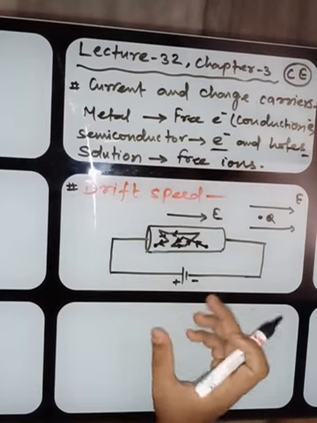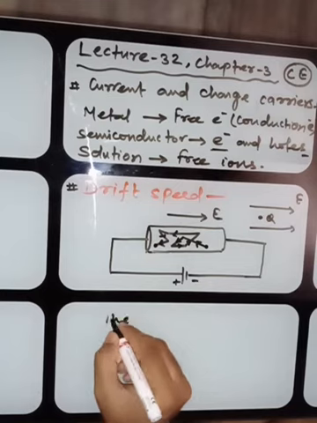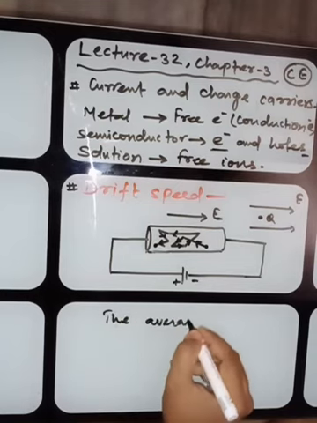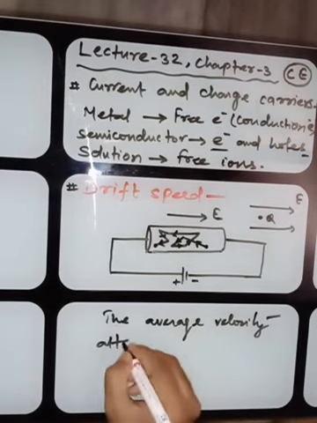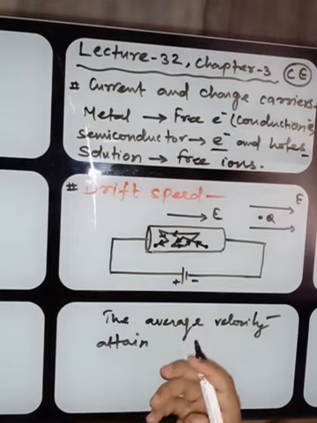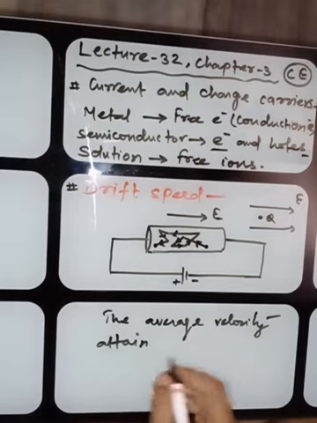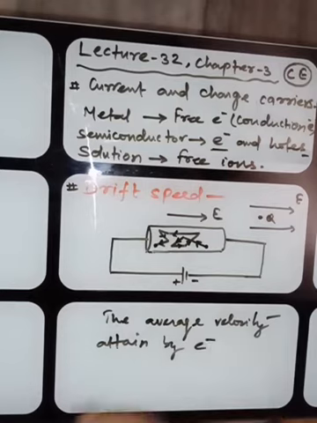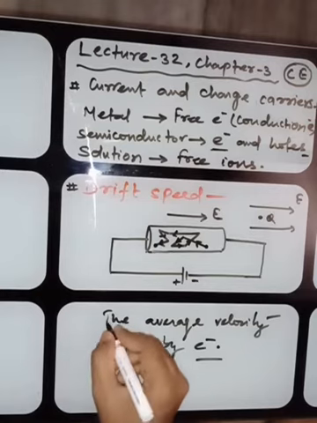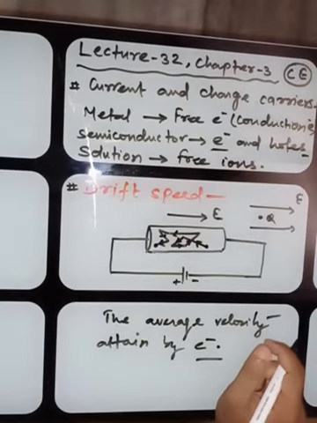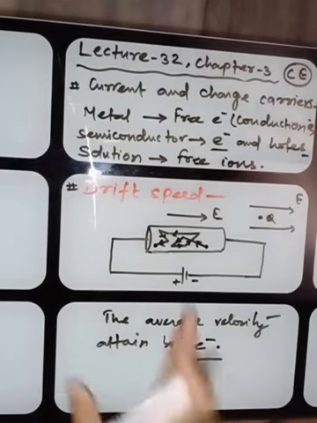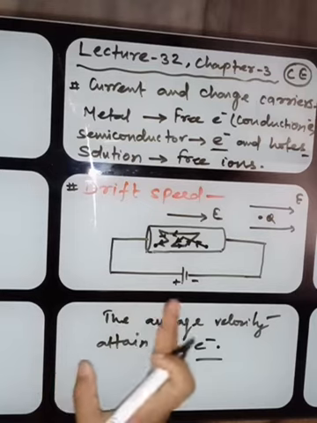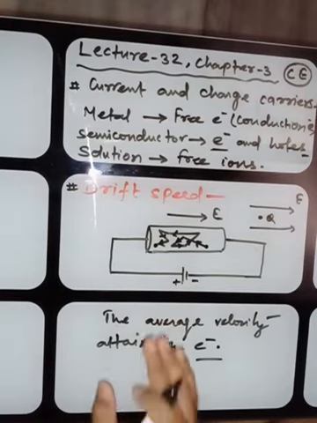The average velocity attained by the electron is called drift speed. Remember again, the electron moves at very high speed, but it drifts at a very low speed, that is, very slowly.